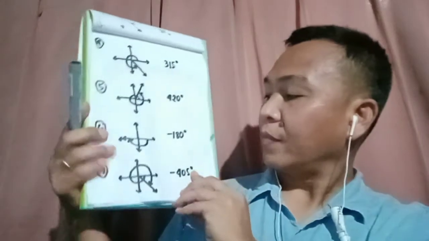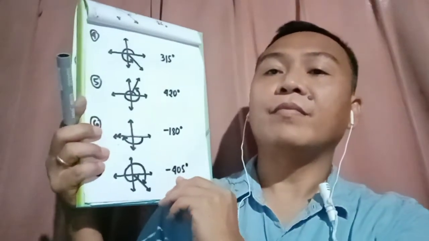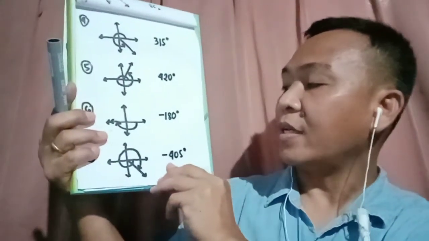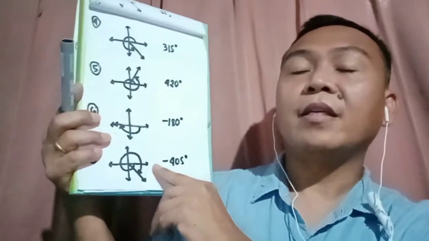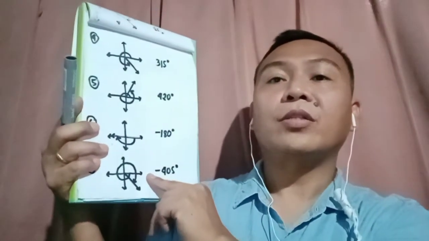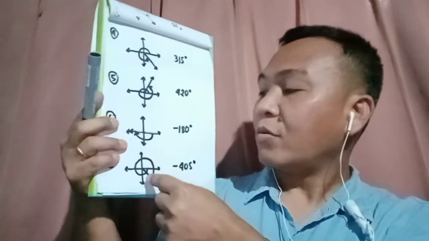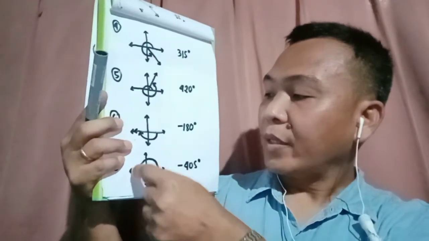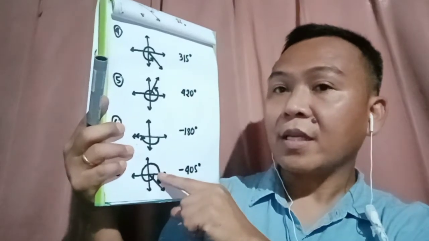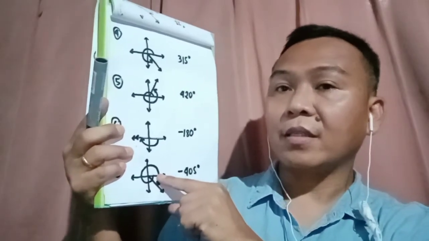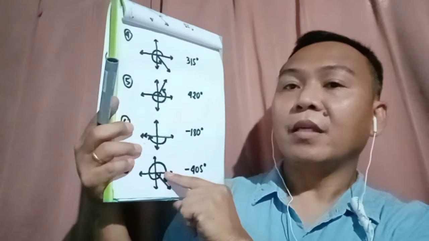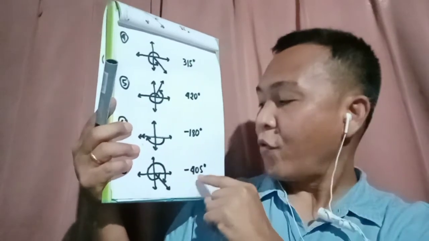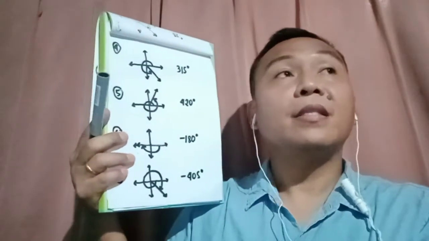How about negative 405 degrees? Take note, this is negative, therefore the rotation should be in the clockwise direction. From the positive x-axis, the complete rotation is 360. How much more do we need to have 405 degrees?